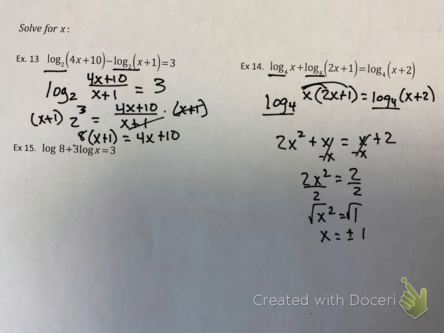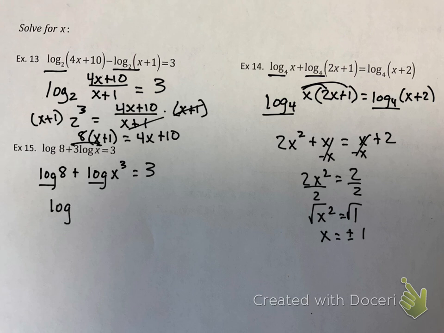Remember, we're going to take it and make it a power on this x. So we can say log of 8 plus log of x to the third equals 3.